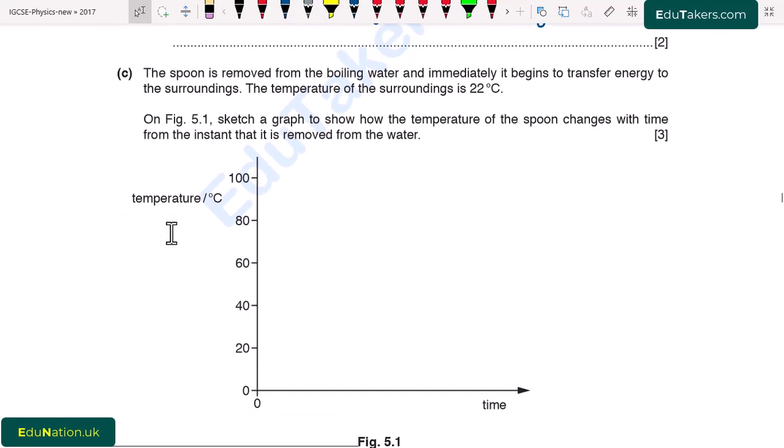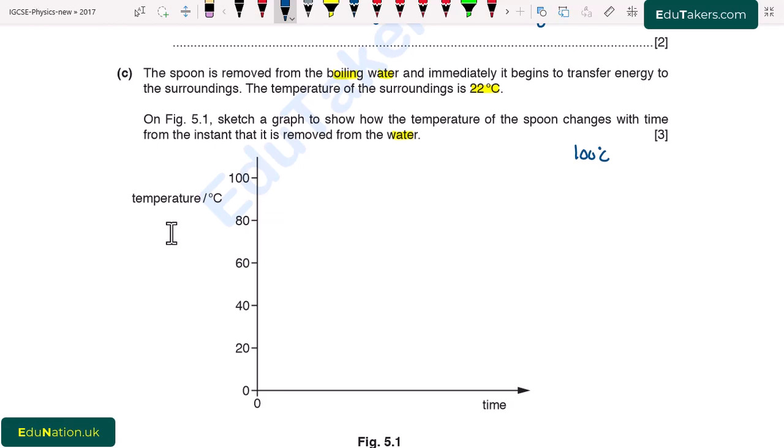Part C. The spoon is removed from the boiling water and immediately it begins to transfer energy to the surrounding. The temperature of the surrounding is 22 degrees C. On figure 5.1, sketch a graph to show how the temperature of the spoon changes with the time from the instant that it is removed from the water. So first of all, the temperature is 100 degrees C because it's boiling water.